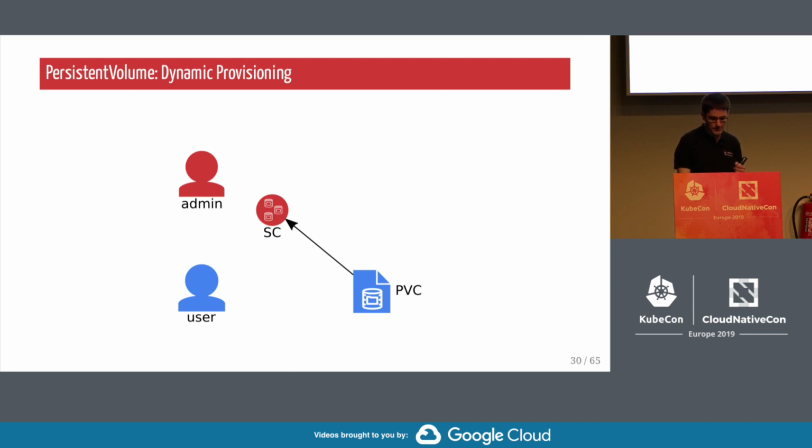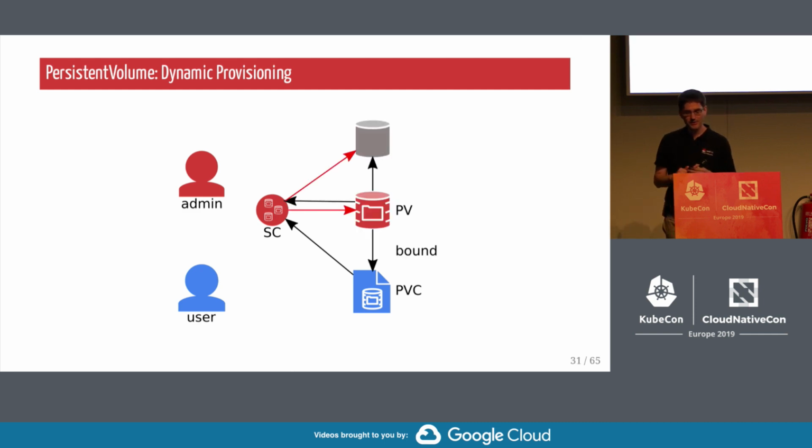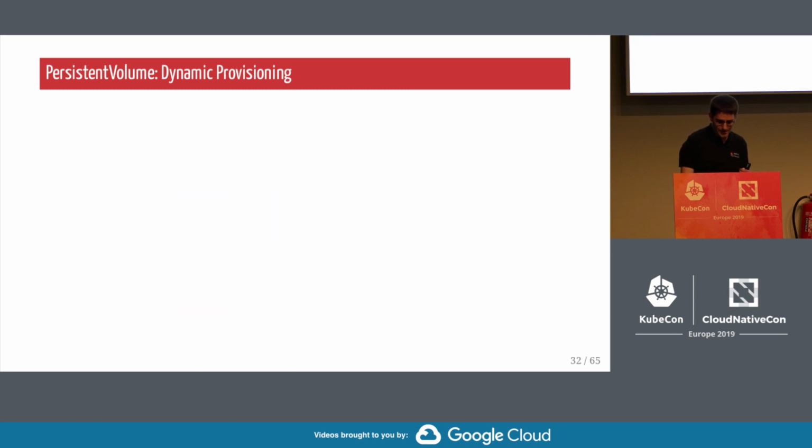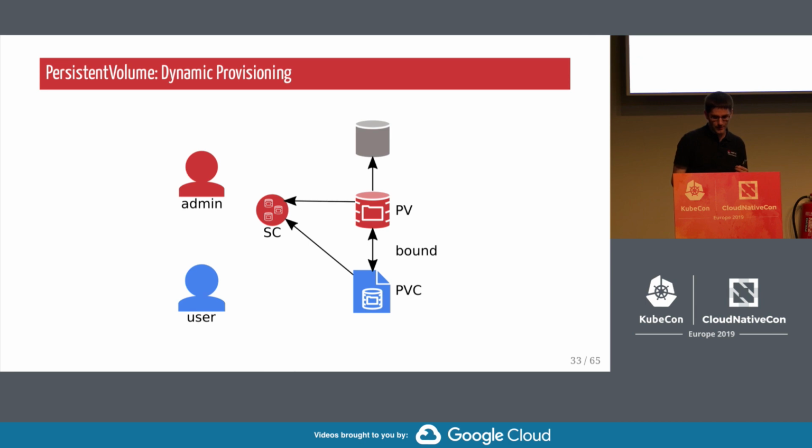And Kubernetes then goes and creates a volume on the storage backend and a persistent volume object in Kubernetes pointing to it. Kubernetes then binds the persistent volume and persistent volume claim together, and nobody can use the persistent volume except the user through the claim. Nobody else can reach the data, at least from Kubernetes. And the user can finally run some pods using the persistent volume claim.